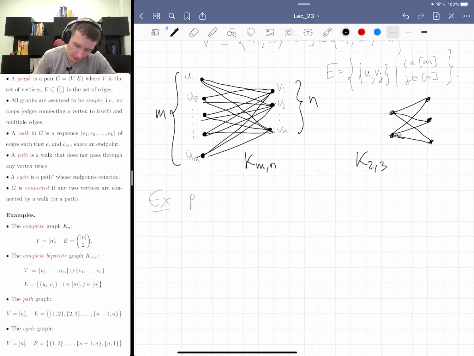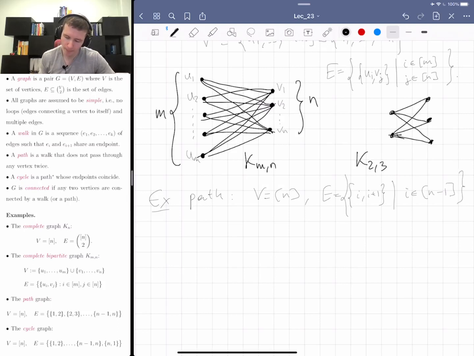So the path: the vertex set is bracket n, and the edge set is {i, i+1}, where i goes from 1 to n minus 1. That's the path graph.